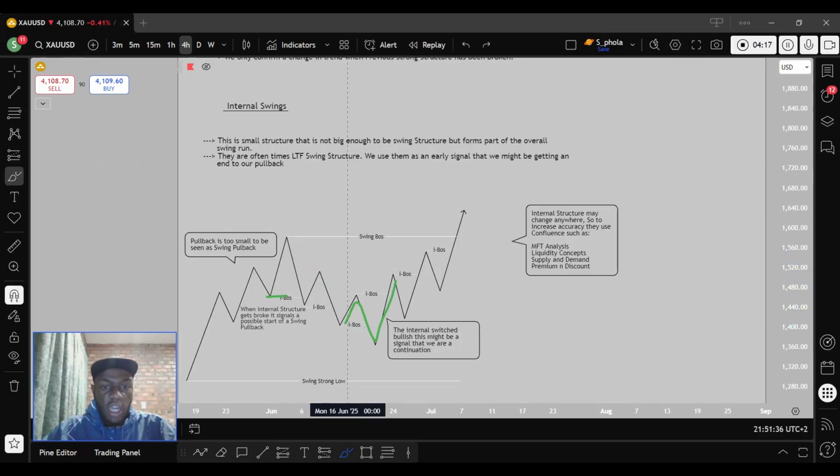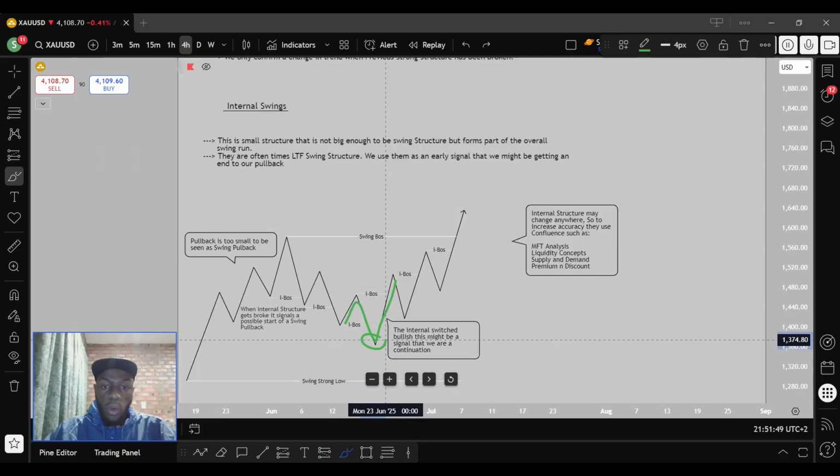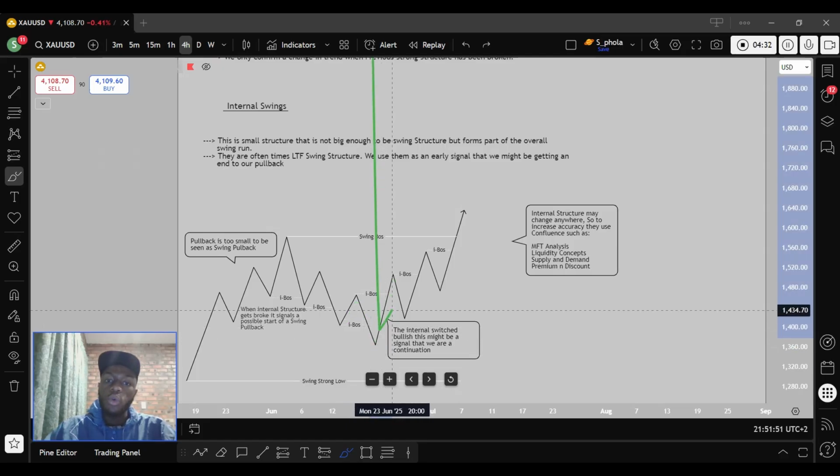Understand? Then now, what did it do here? Here it broke structure. Now what might it be signaling? It might be signaling that okay, cool, now we're getting a continuation run.